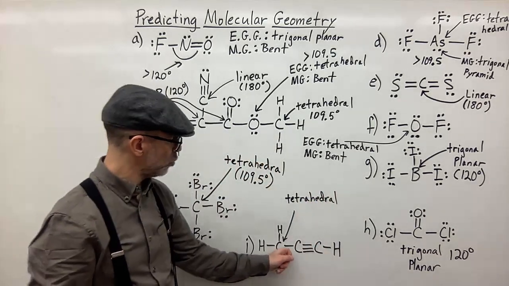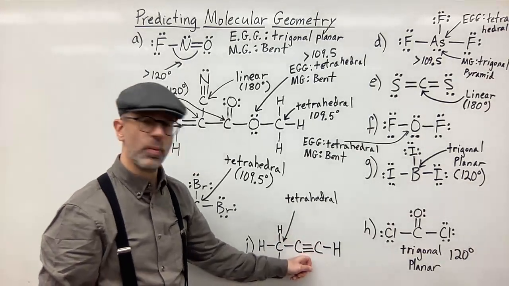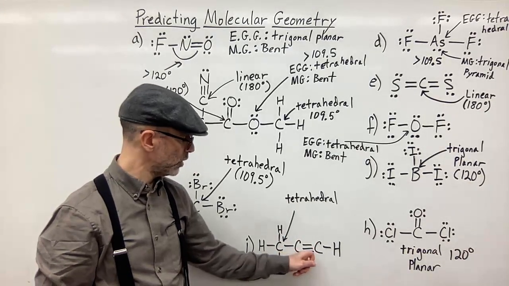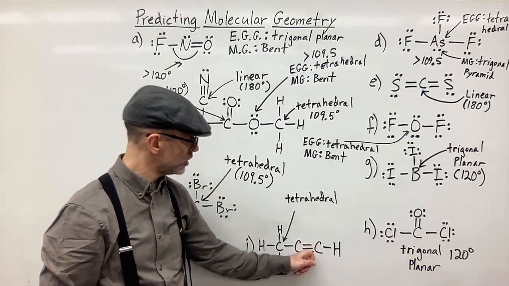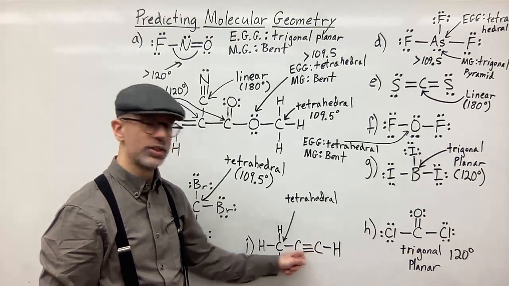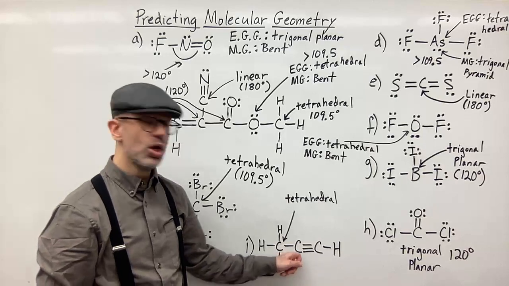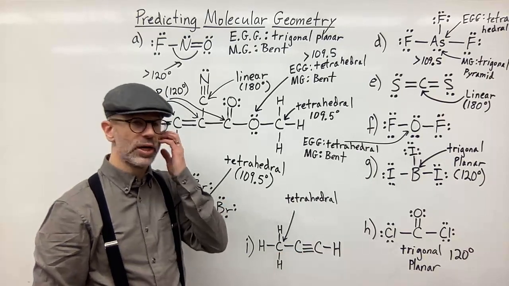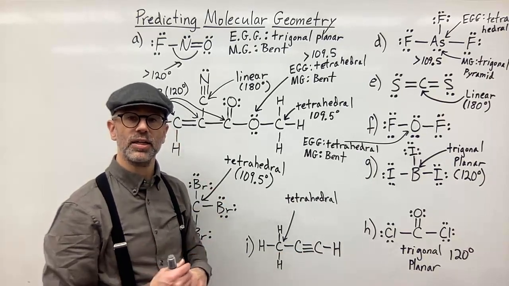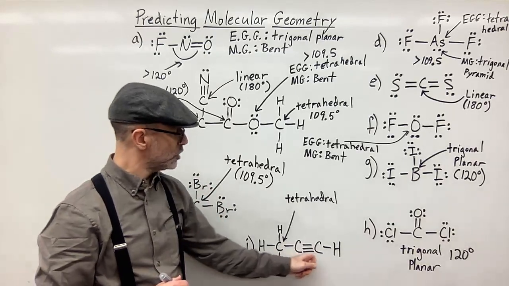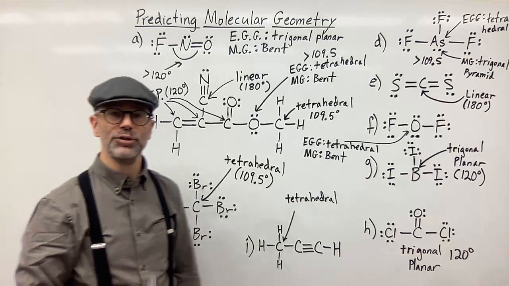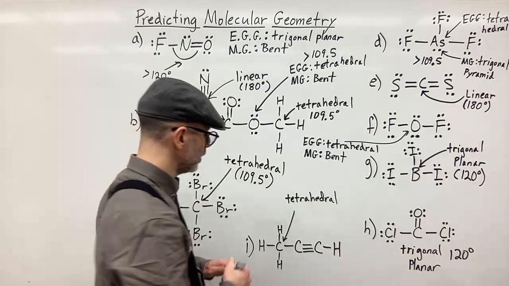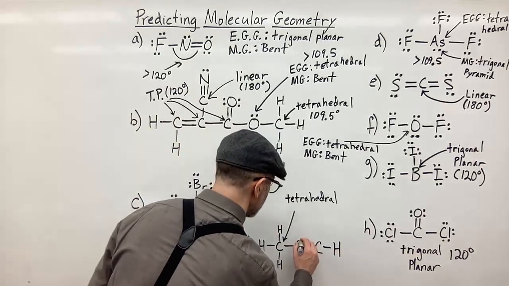This carbon has 1 single bond, 1 triple bond, so 2 groups. Remember, the triple and single bond are treated the same. So this is 1 group, this is 1 group. So we have 2 groups around our central atom, no lone pairs. So again, the molecular geometry and electron group geometry are the same. According to the chart, if you only have 2 electron groups around your central atom, then you've got a linear electron geometry.